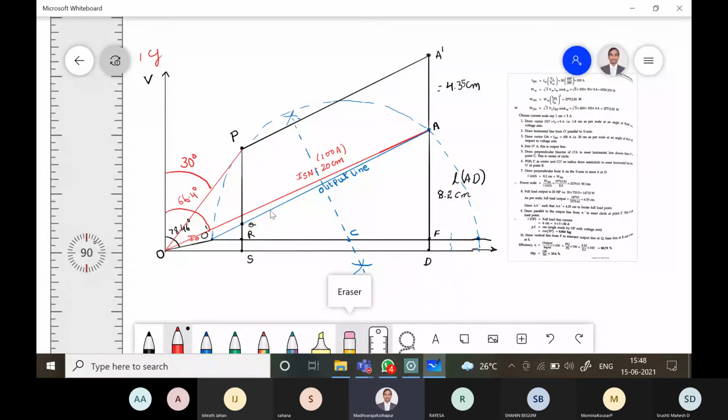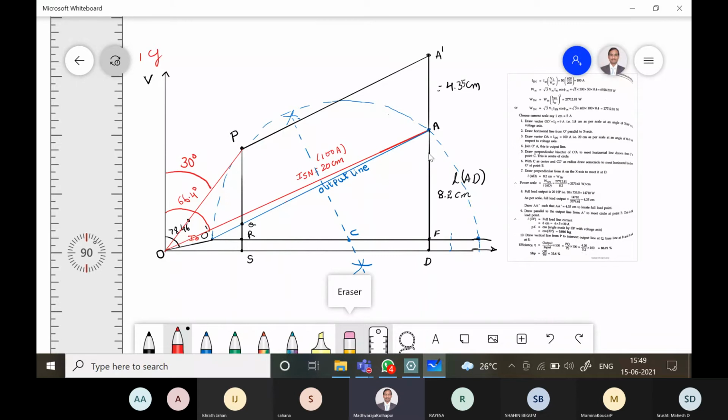Above the output line, the vertical axis represents the power scale. So measure P and Q; that is your output. Below the output line is called the losses.